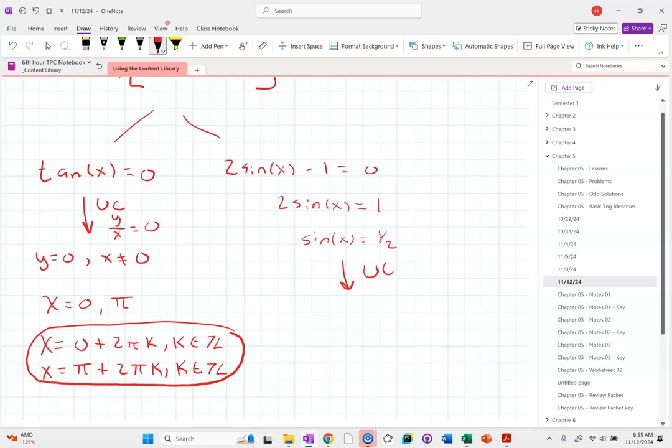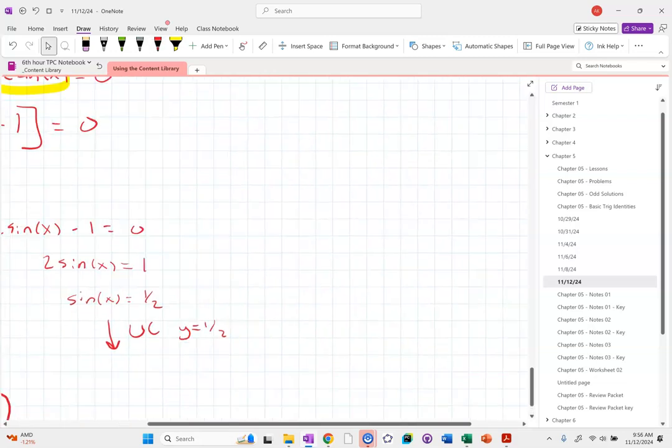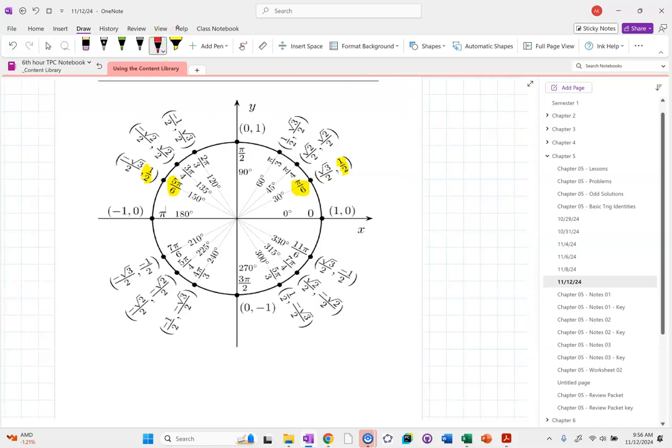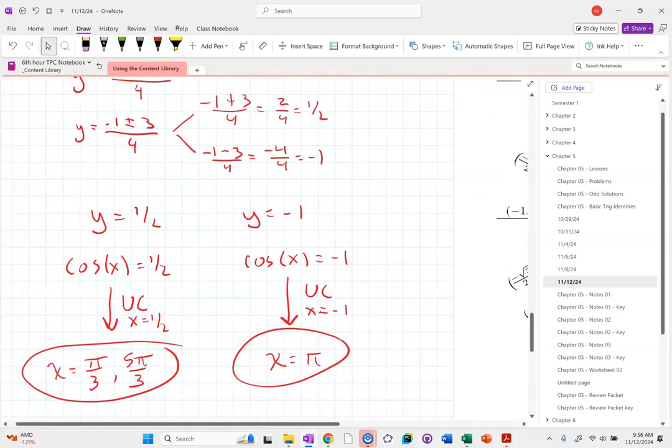So I'm going to go to my unit circle and look where y equals 1/2. So I'll go back to my unit circle. I'm looking for where y is 1/2. I see it here at pi over 6. Here again at 5 pi over 6. And those are the only times on the unit circle I see it. So those are the two that I need.